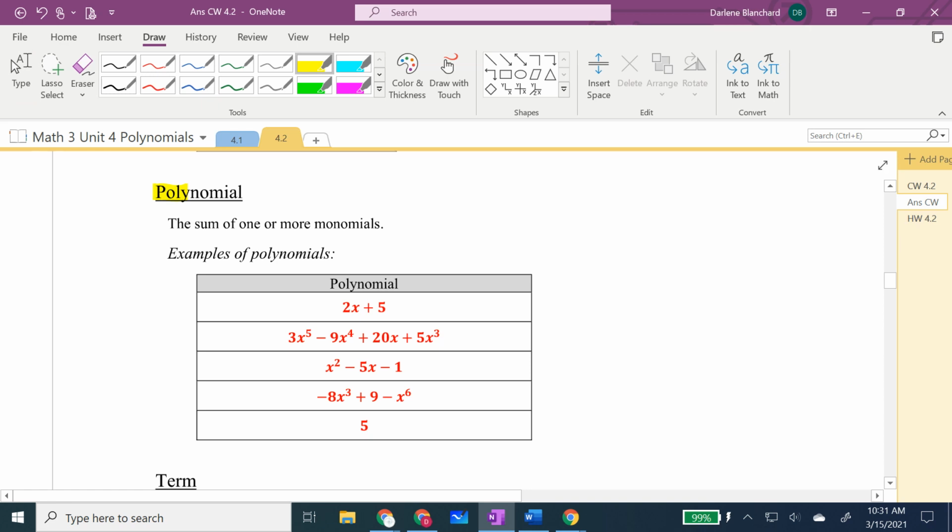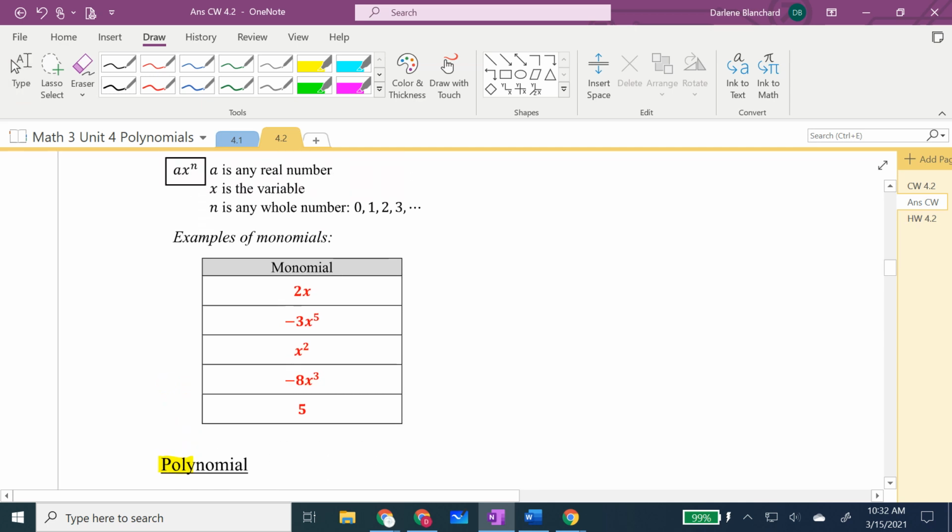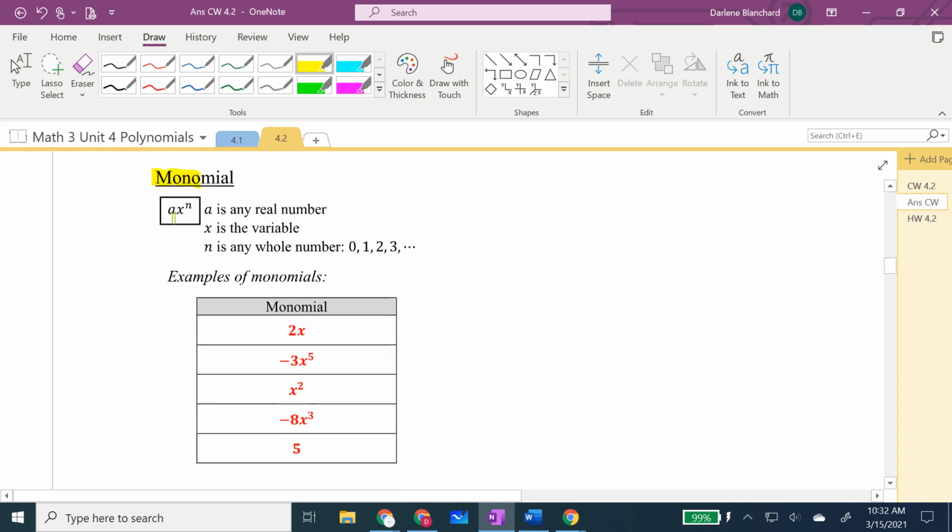So a polynomial is a sum, or addition and subtraction, between several monomials. So a monomial is anything where you have a number times x to a power, but those powers can only be whole numbers, 0, 1, 2, 3, and so on.